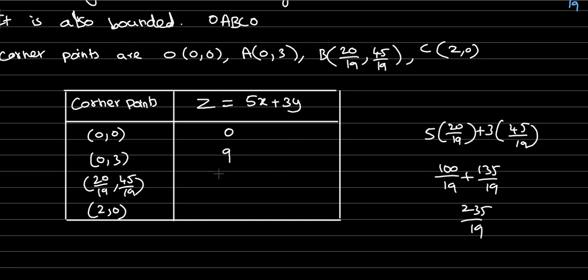So the answer is 235 by 19. The approximate value of 235 by 19 is 12.36. Okay, next 2 comma 0, if we substitute it here, 5 times 2 is 10, plus 0, which is 10. So we are getting 10.